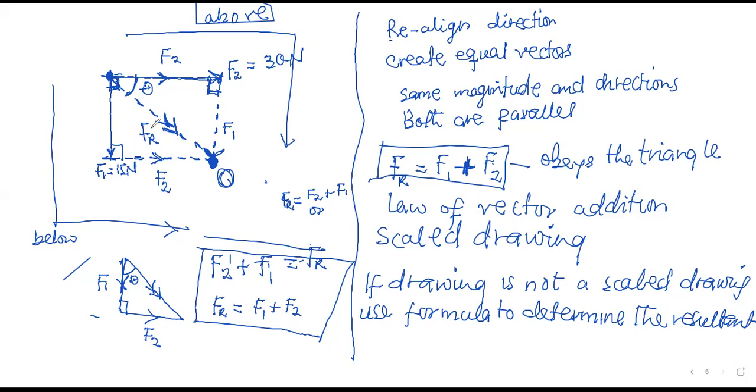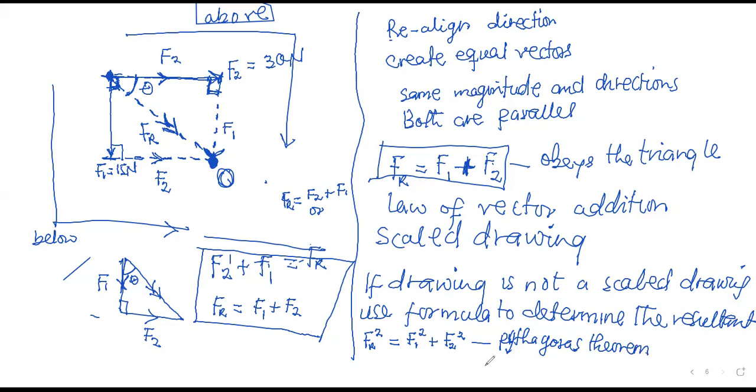So you can deduce that the square of F resultant is equal to the square of F1 plus the square of F2. And this is what Giovanni, you are calling the Pythagoras theorem.